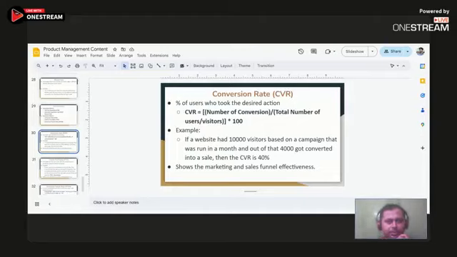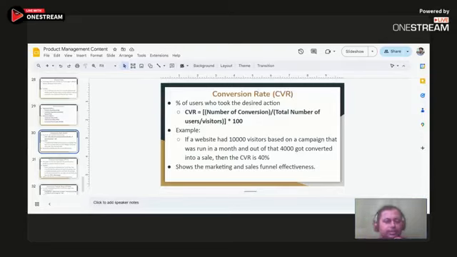So we're talking about the CVR formula: number of conversions divided by the total number of users or visitors, times 100. That is the percentage of users who took the desired action based on our campaigns. For example, what you see on the screen is a website that had around 10,000 visitors based on a campaign that you ran in a month, and out of that 10,000, 4,000 got converted to a sale.